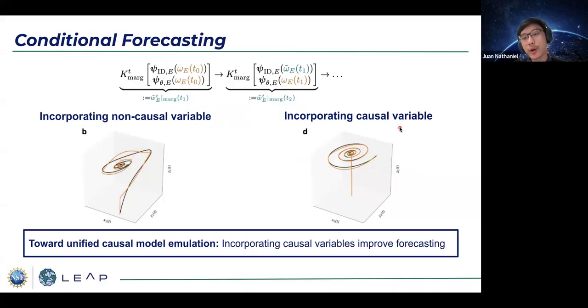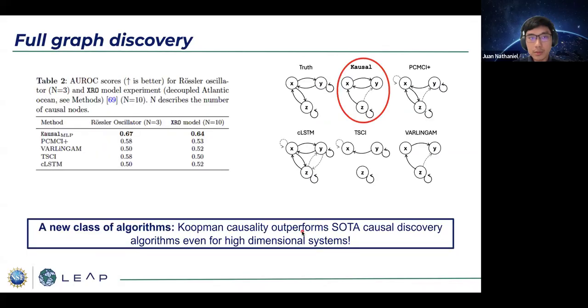If you incorporate a causal variable, by extension, it should improve the forecasting of the model. But we are not really exploring this yet in our paper. In the future, we can think of a unified emulation based on causal principles, where maybe we retain some variables that we think are important, and hopefully that improves forecasting because we remove some spurious correlations in our forecasting problems.